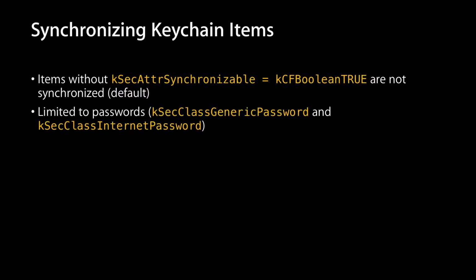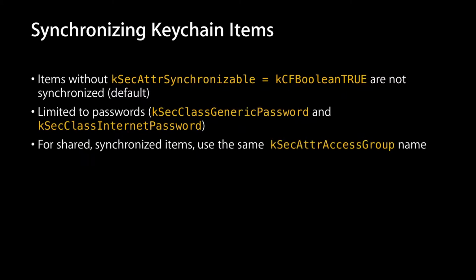It's for passwords, but when we say passwords, that category can cover a lot of things, an account name, number, or something like that. And if you have multiple apps and you share your keychain items using the keychain access group entitlement, those items can be synchronized. Just make sure all the apps use the same kSecAttrAccessGroup name.